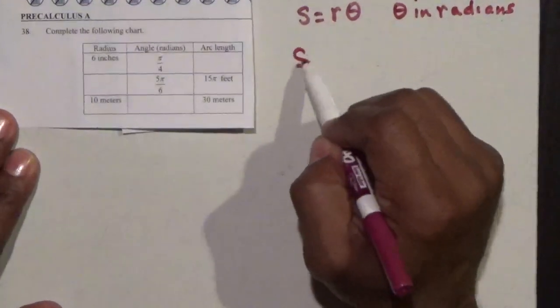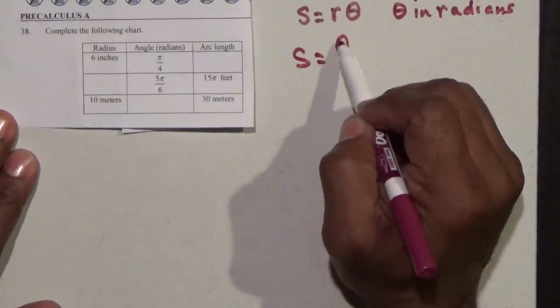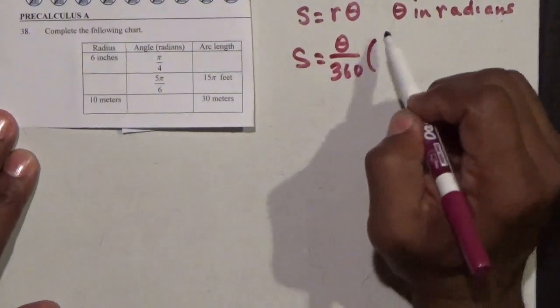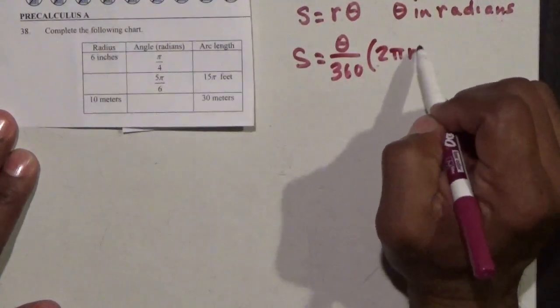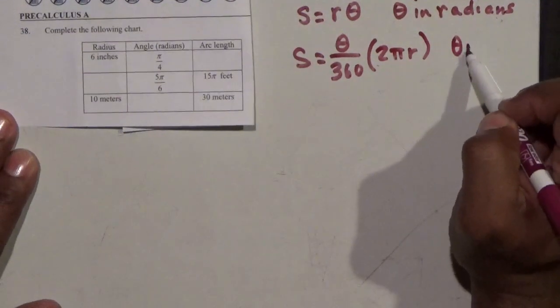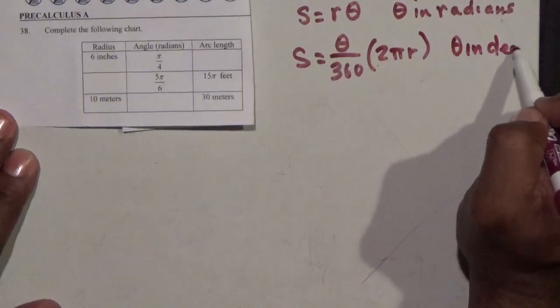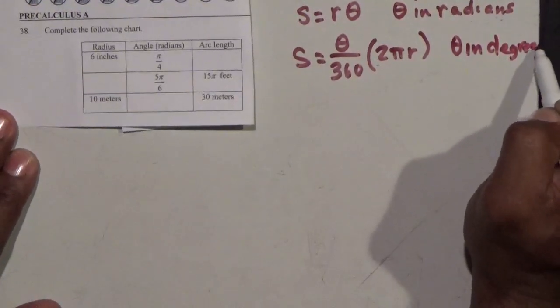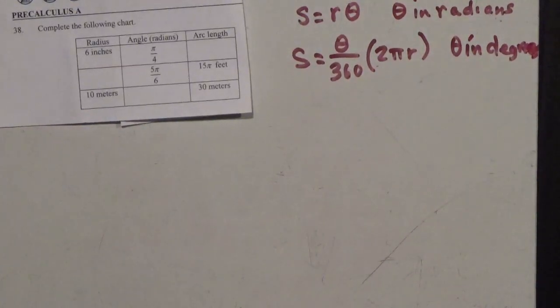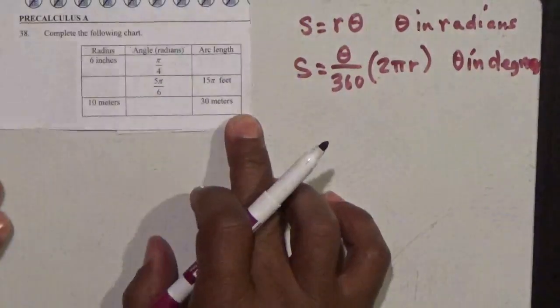And S is equal to theta over 360 times 2 pi r. That's the one that they give you on the paper, where theta is in degrees. That's a little different from the one in the textbook, but it's the one they give you on the formula sheet, so we might as well use that one now.